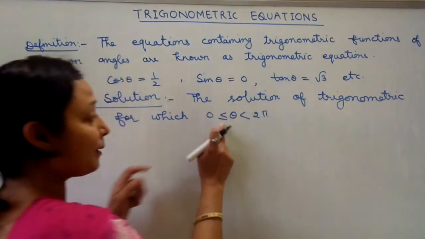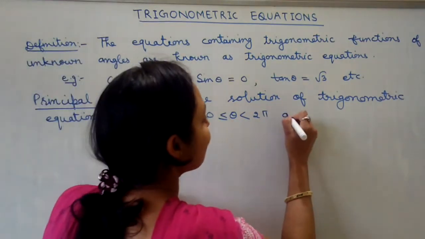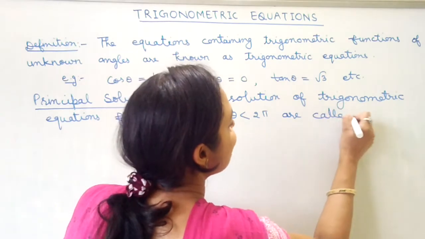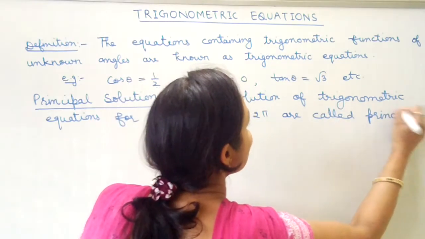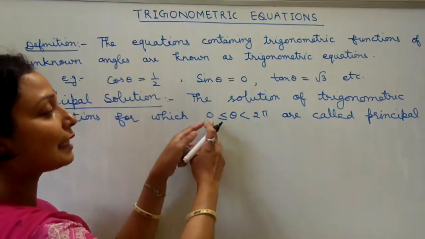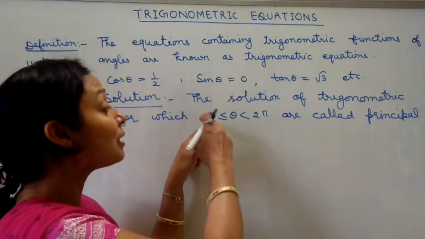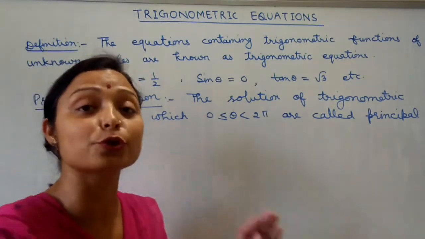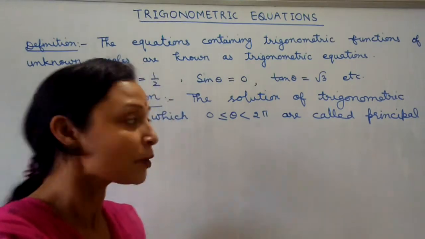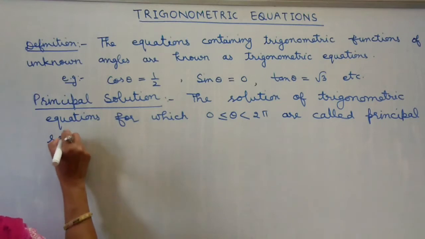It may be equal to 0 but never equal to 2 pi. So this is the principal solution, when the values of theta lie between 0 to 2 pi. It may be equal to 0 but never equal to 2 pi. The angle should be less than 360. Okay, those values are called principal solutions.